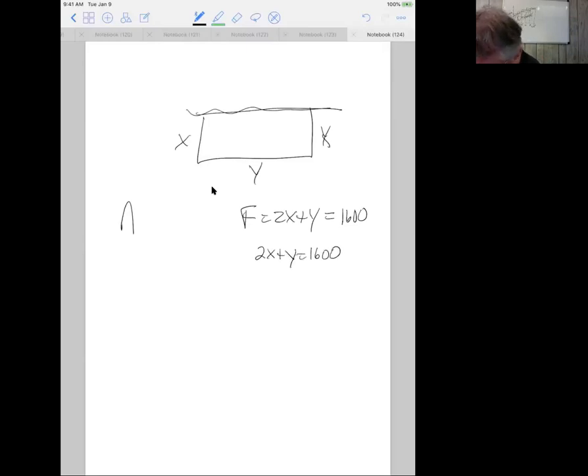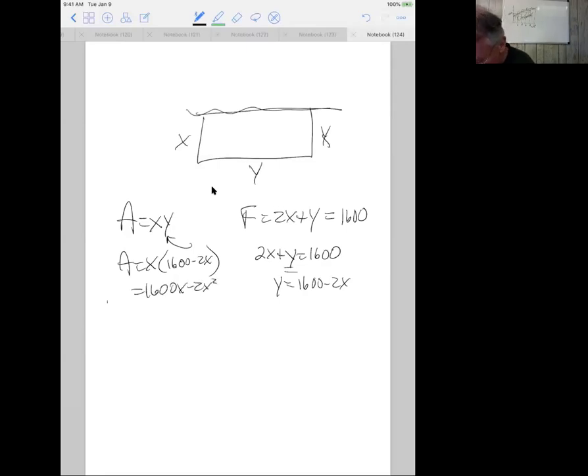And then we've got the area formula that we're concerned about. What is the max area? So we need to take the derivative of this and find a max. I'm going to solve for y: I get 1,600 minus 2x. Therefore, A equals x times 1,600 minus 2x, which is 1,600x minus 2x squared. Done. Area is the function. Now we've got to take the derivative of that. We get 1,600 minus 4x.